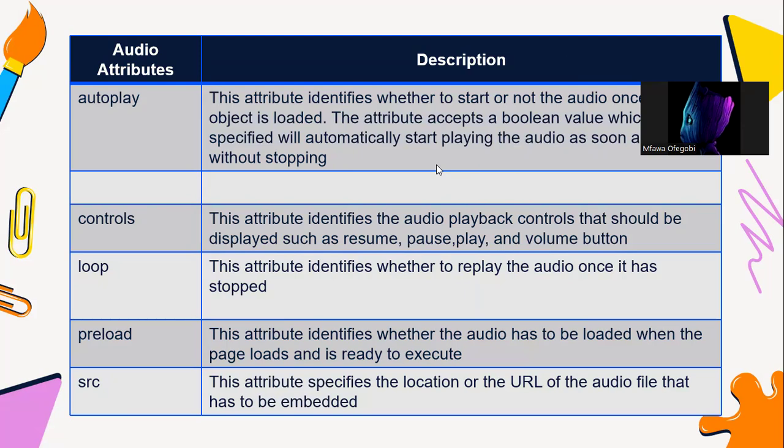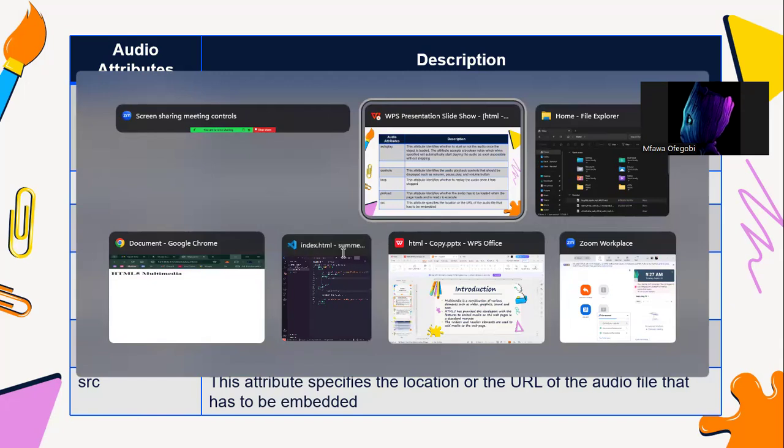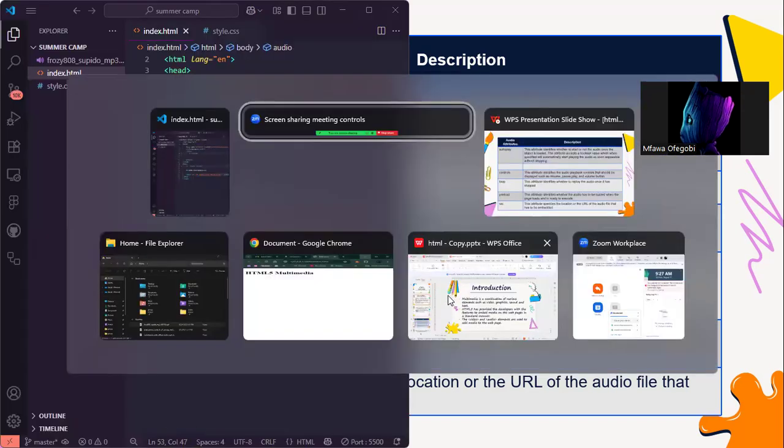The attribute accepts a Boolean value. So a Boolean value is true or false. So the attribute accepts a true or false value, which when specified will automatically start playing the audio as soon as possible without stopping. So let's add the autoplay attribute to our audio tag.